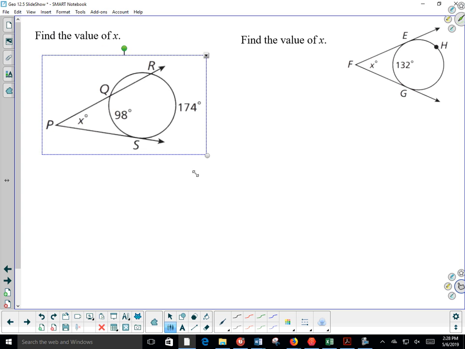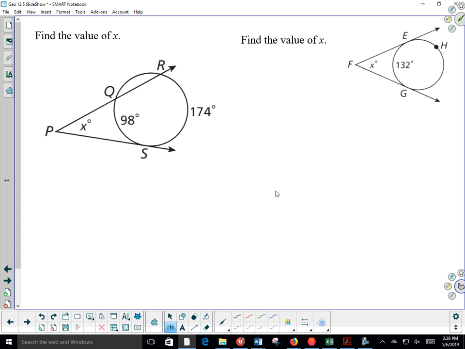All right, so let's take a look at these examples. In this case, we are trying to find the value of x. Can you help me out here, Rachel? 1/2 times 174 minus 98.